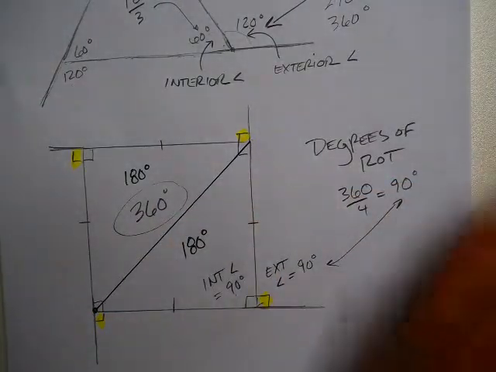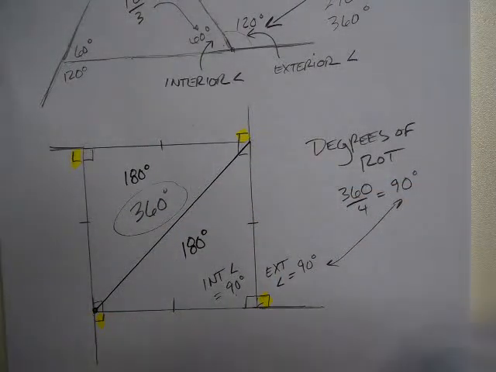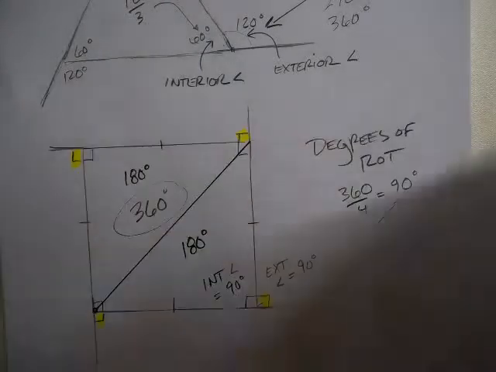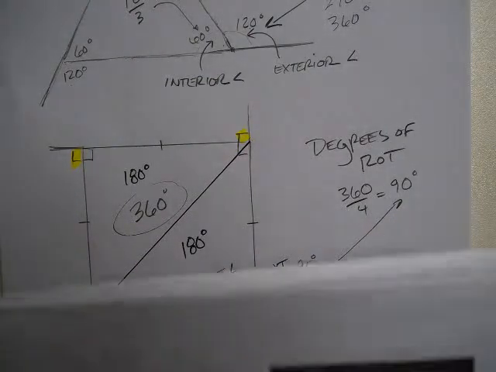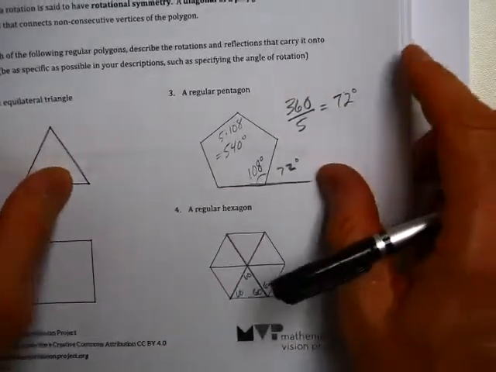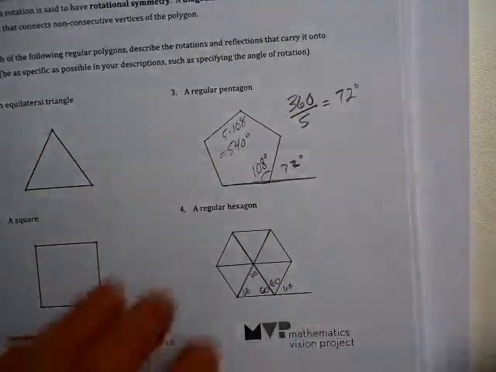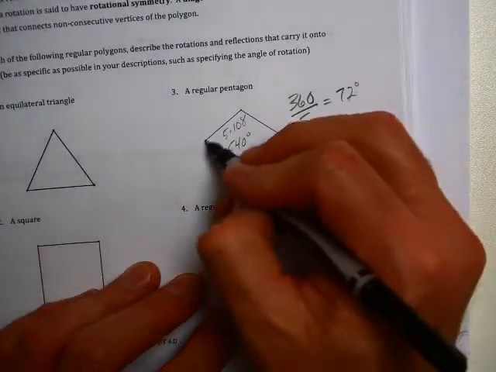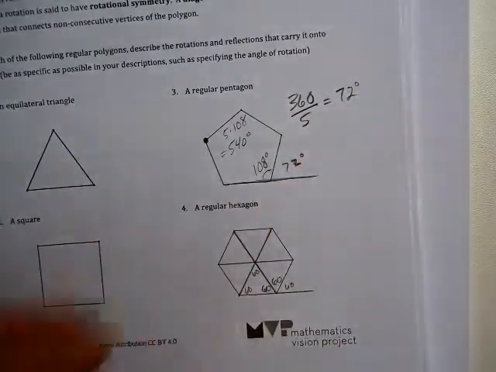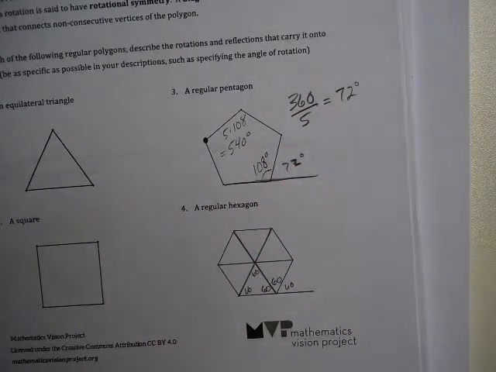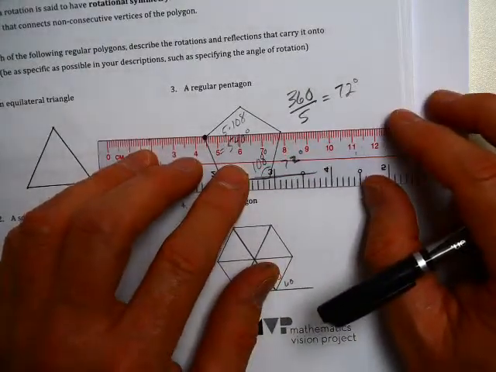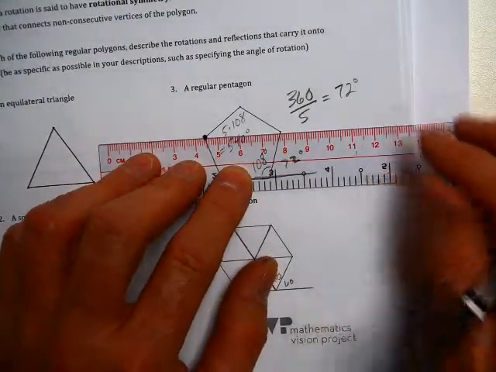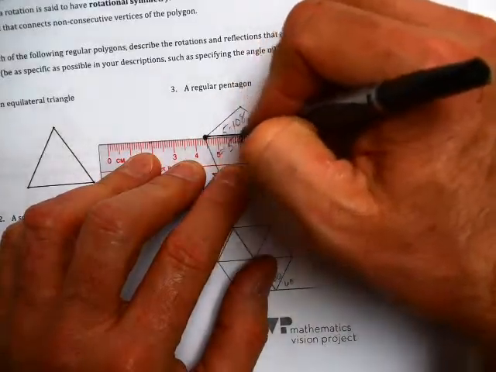So let's see if that works for a little bit more complex shape. What if I do that to the pentagon? What if I pick a vertex and draw as many diagonals as I can from only that one point? And remember, diagonals don't necessarily split the shape in half.